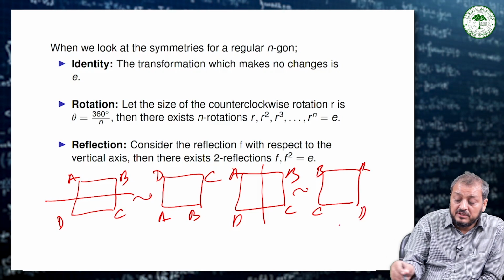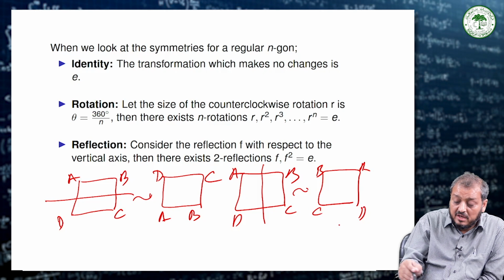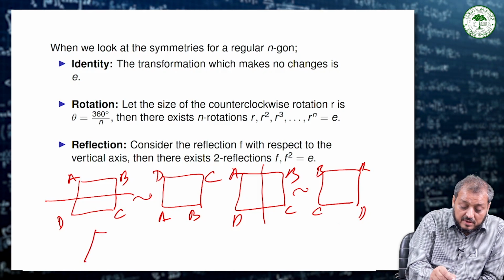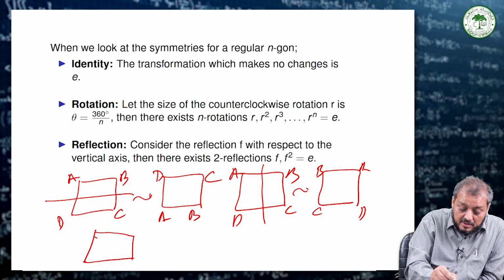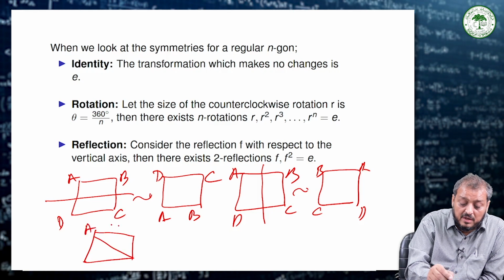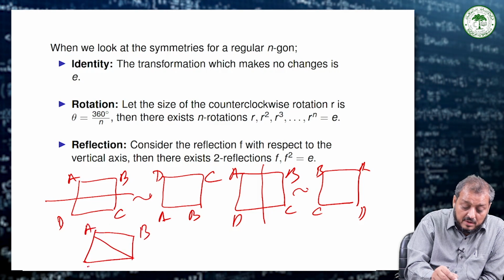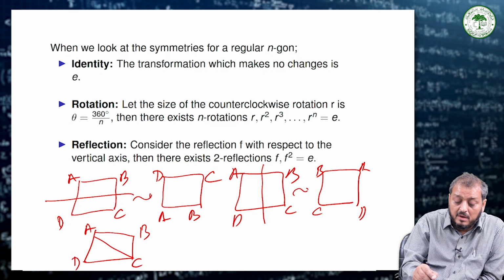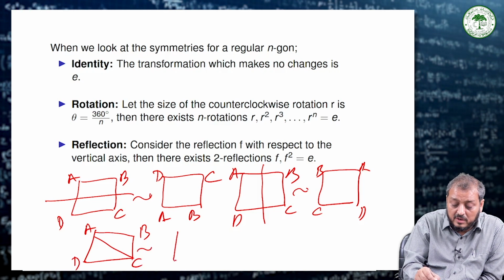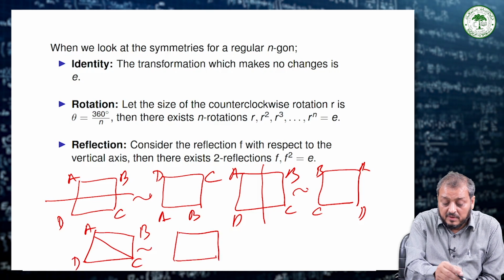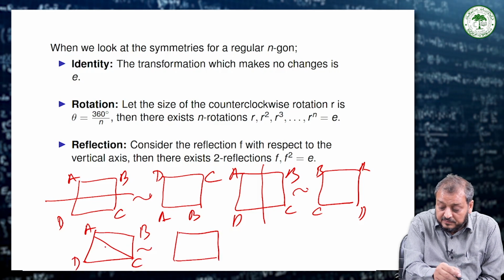Another possibility of these reflections is the reflection about diagonal 1. So this is equal to A, B, C, D, and it looks like this again by this diagonal.